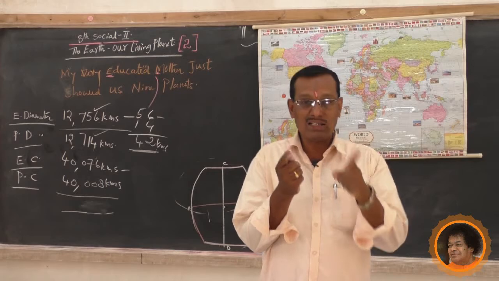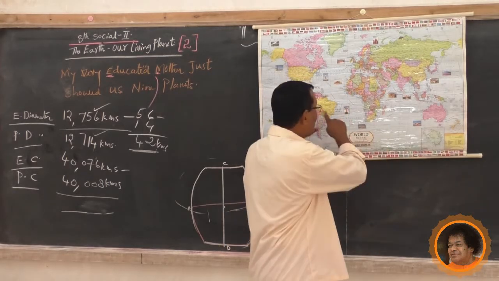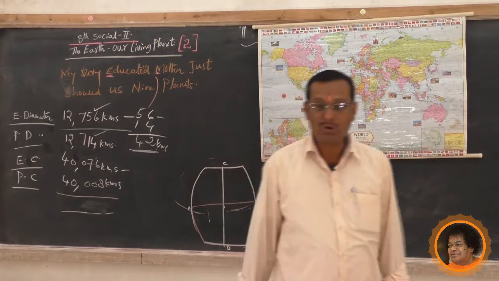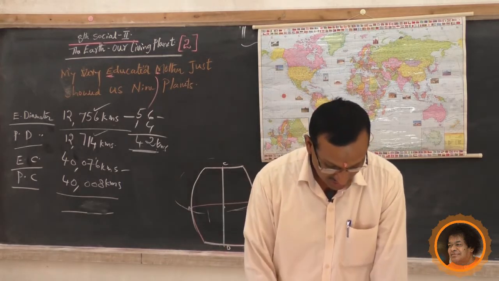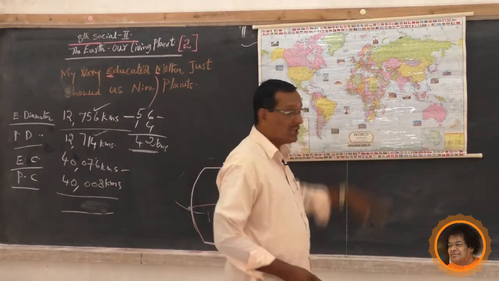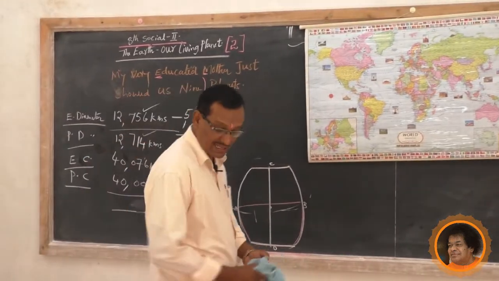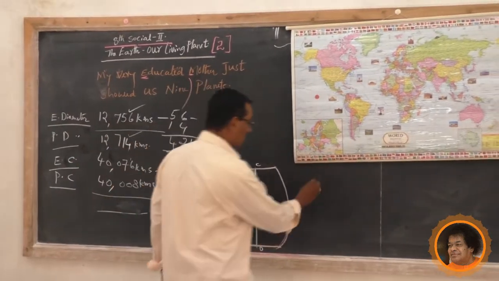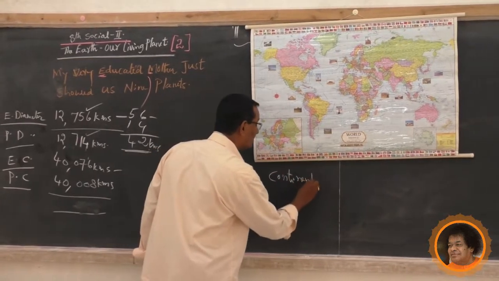The different land masses and different types of water bodies constitute our earth. Now, these land bodies are called continents.